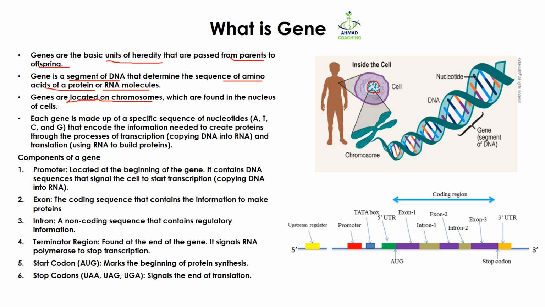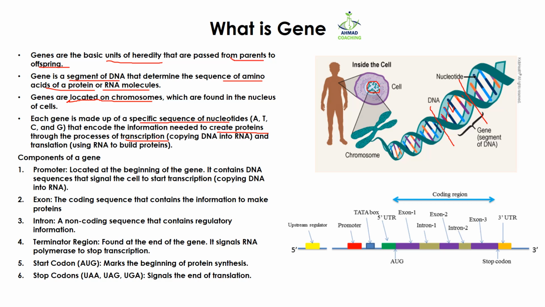Not all the DNA is a gene, but a specific segment of DNA which contains a specific nucleotide sequence is known as a gene. So each gene is made up of a specific sequence of nucleotides, for example A, T, G, C, G, A, or whatever sequence they have. The purpose is to encode a protein through the process of transcription.